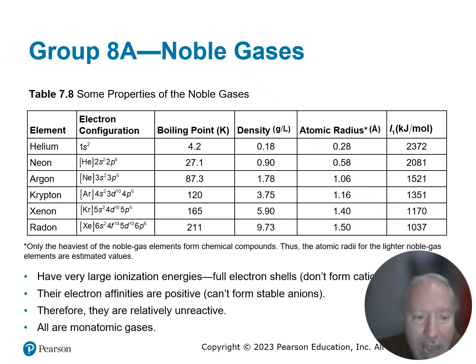So they're very non-reactive, and therefore they often can be monatomic gases where they don't even need to be diatomic. Argon is present in our atmosphere at very high concentrations relative to other gases, and it's very non-reactive. And you can use these gases as a background medium for other reactions.